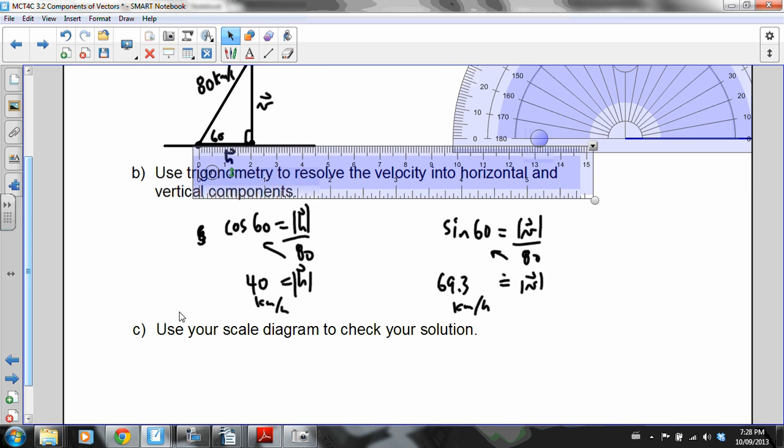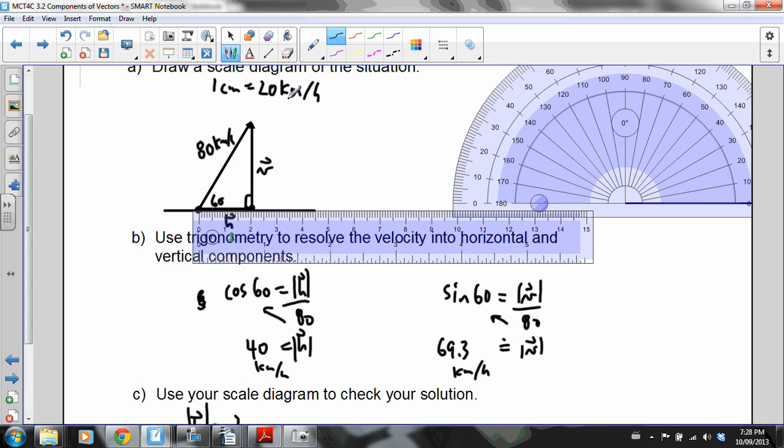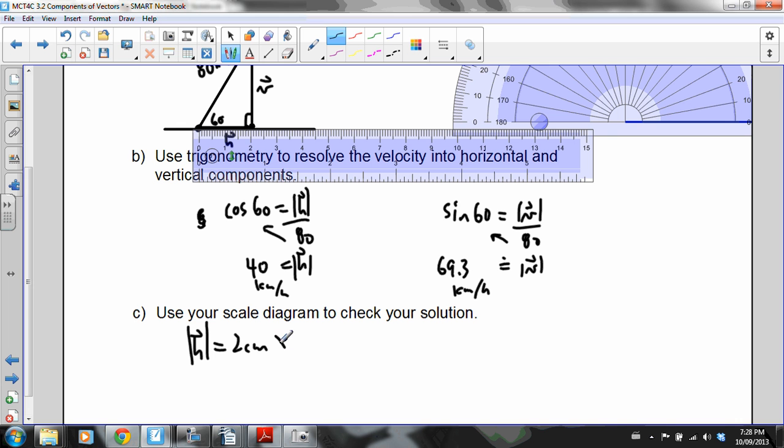So the magnitude of h, which was 2 centimeters, but I said each centimeter was 20 kilometers per hour, so I've got to multiply by 20 kilometers per hour, and that's bang on, and nice, yay, happy face, kilometers per hour.